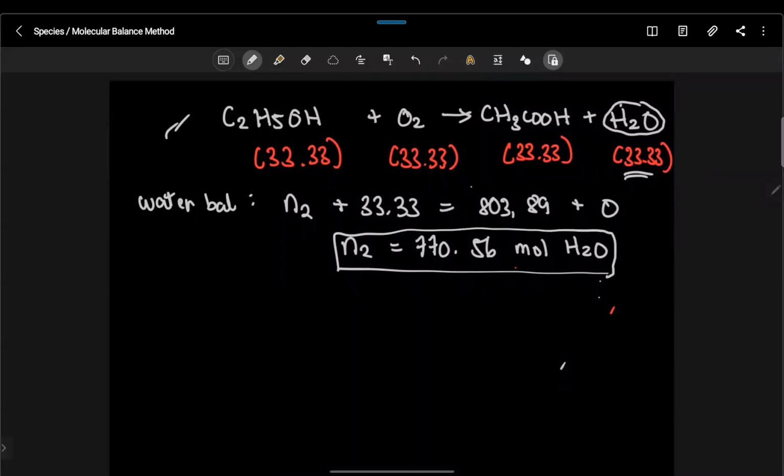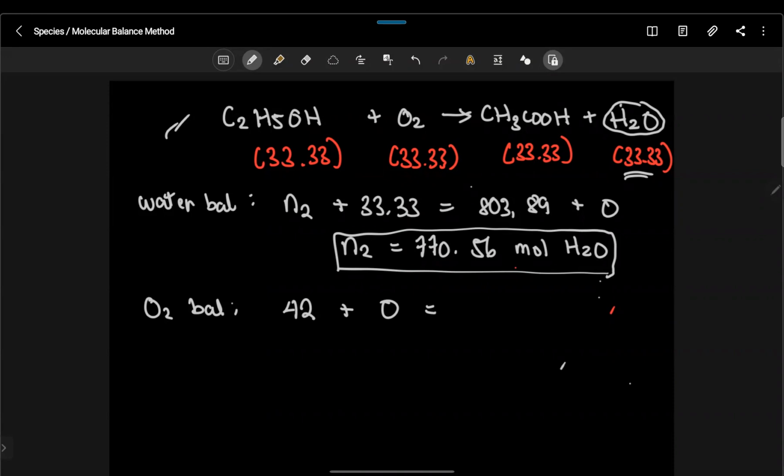Okay, let's do the rest. Oxygen balance. Input of oxygen is 42 moles plus generated oxygen moles, that's 0 because oxygen is not being generated in the reaction.